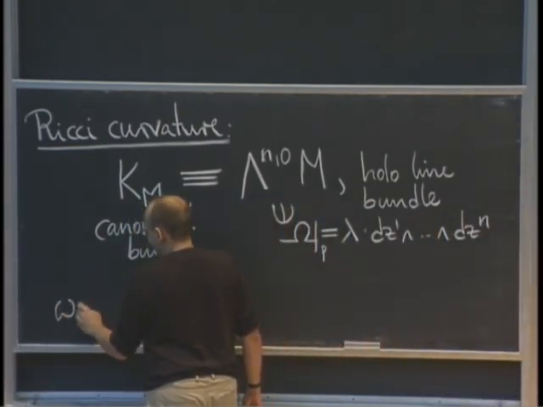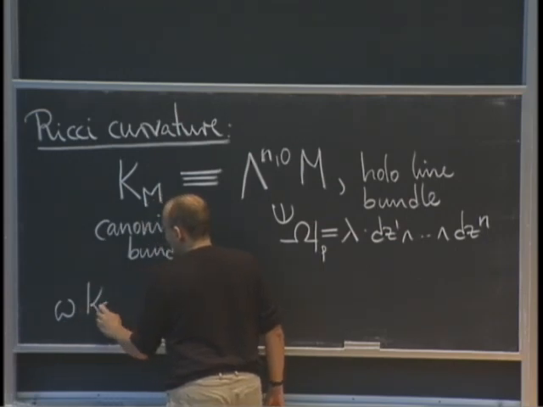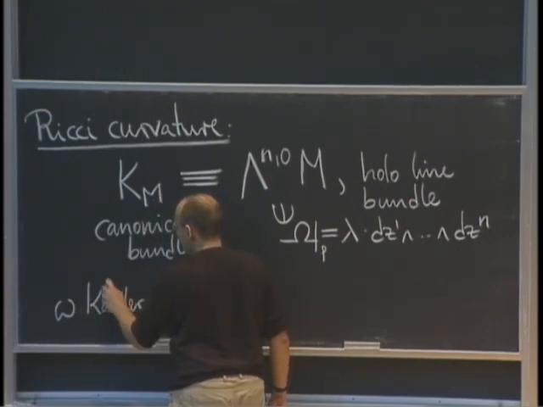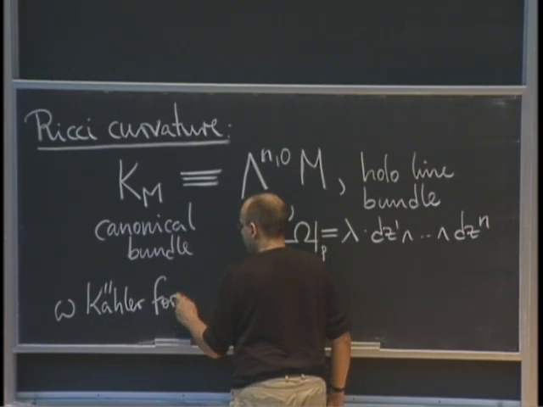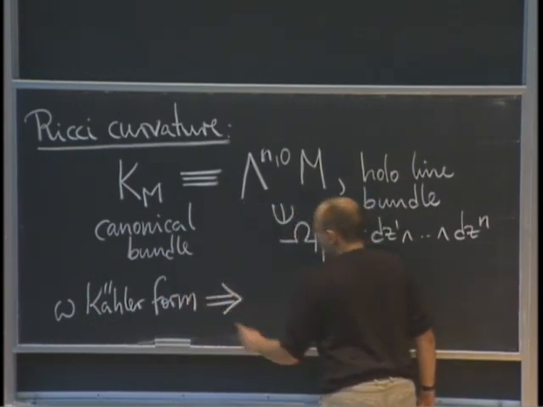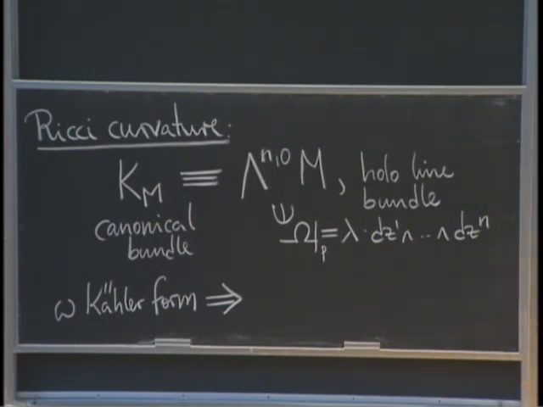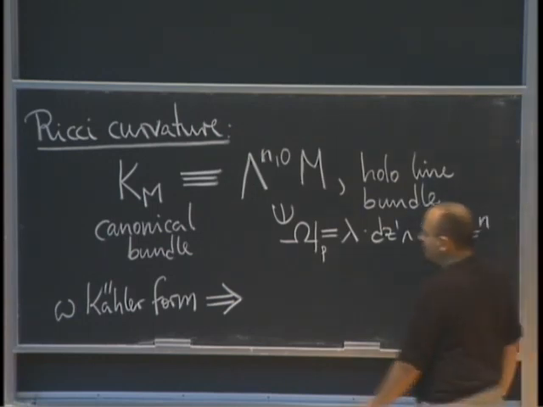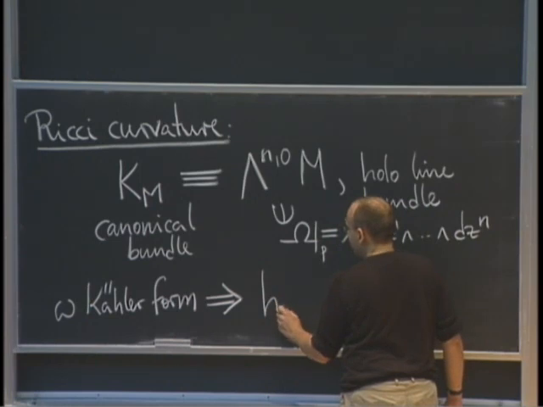So now, if I'm assuming that I have a Kähler manifold and little omega is a Kähler form, then this gives me a natural way of measuring length in the fibers of the canonical bundle. So it gives me a Hermitian metric h sub omega on the canonical bundle.